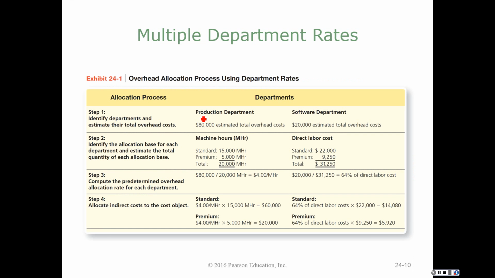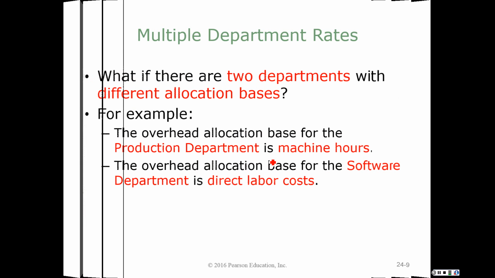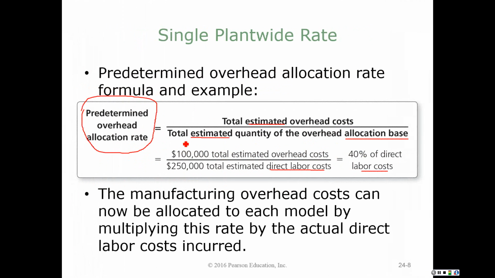So let's say that we have our production department and our software department. And if we back up to a prior screen, remember, we estimated in your textbook, they've given us an estimate of $100,000 in overhead. And when we used our single plant-wide rate, we came up with a rate of 40% of direct labor cost.